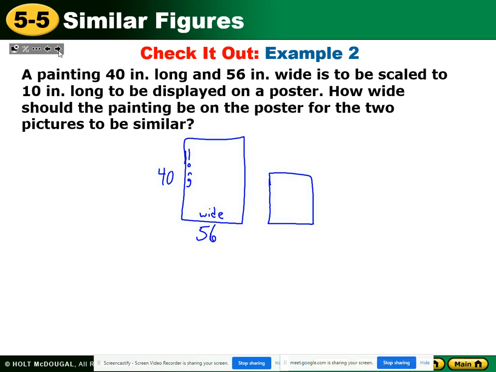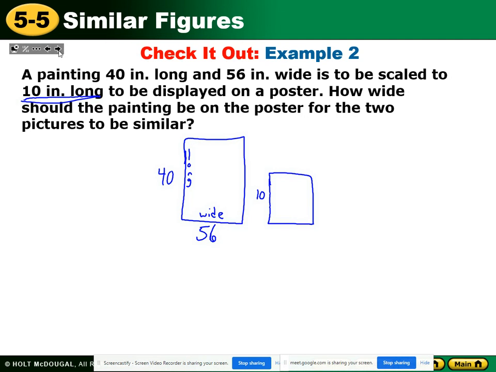So as we go here, Summer, it is to be scaled down to 10 inches long to be displayed on a poster. So which side of that smaller version gets the 10? The bottom. The bottom gets the 10? Okay? So 10 inches long. I wrote them here because that makes a big difference to me, okay? 10 inches. Don't be afraid to label and do it. I hope to see pictures, okay?